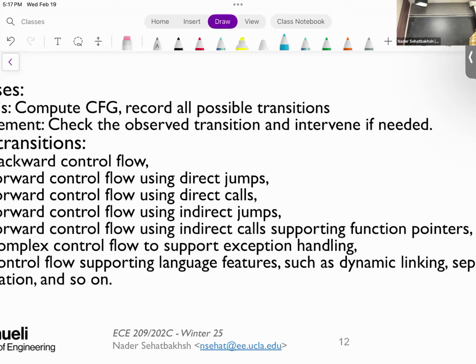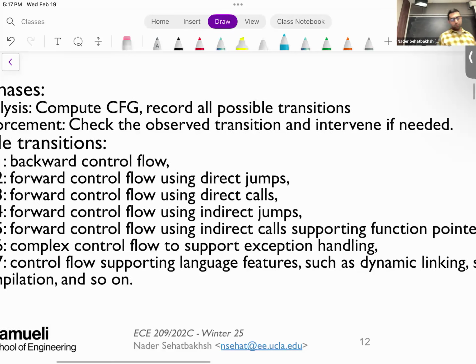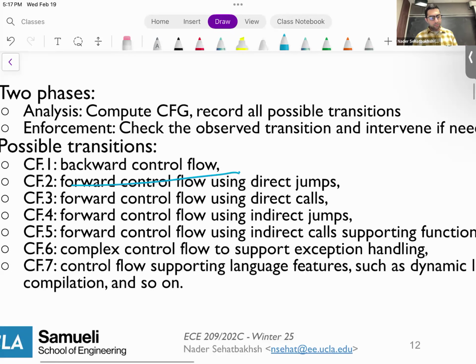But everything except this first one, which is backward, okay? For the backward, we're going to have something else that we're going to talk about. But for all the forward control flows, CFI works really well, okay? But again, you have to be mindful of these different ones. Why?